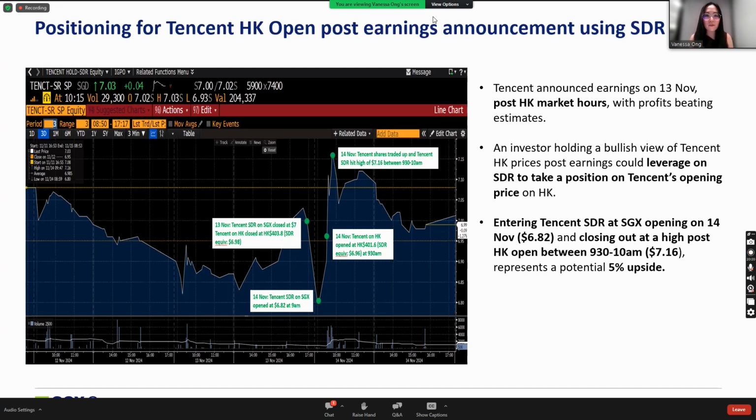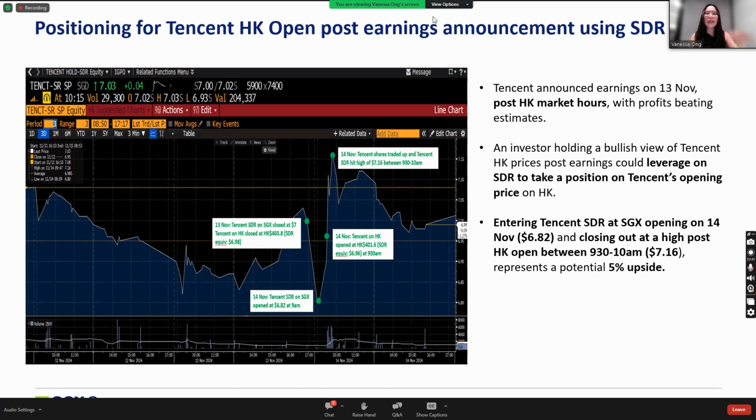So on 14 November from the graph, you can see the SDR trade at $6.82 when the SGX market opened at 9. Furthermore, when the Hong Kong market opened at 9:30, the SDR price continued to increase substantially and trade at $6.96 in just 30 minutes.